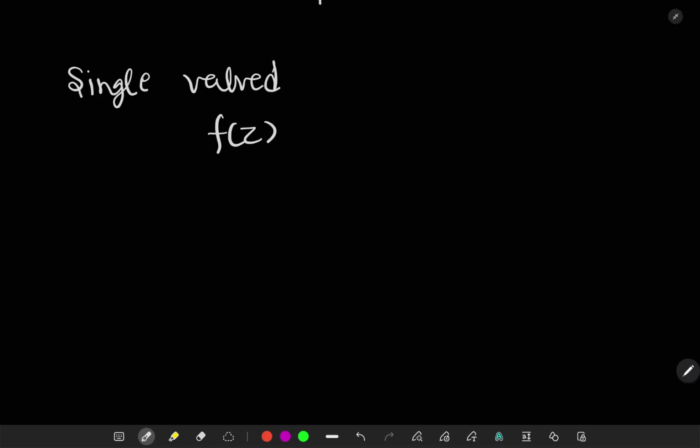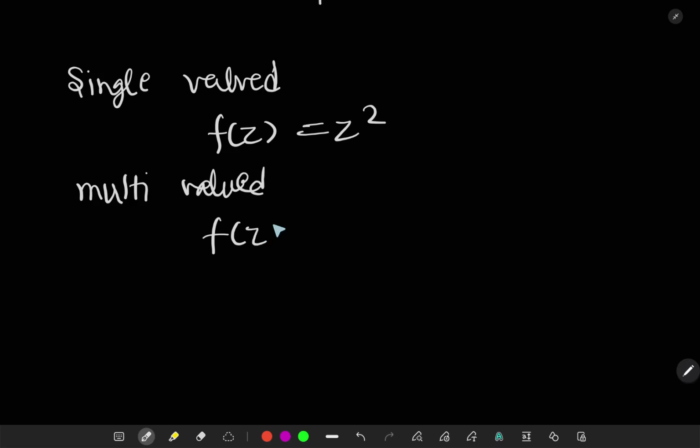For example, f of z equals z square, and another is a multi-valued function, with more than one value. Here f of z equals z raised to power 1 by 2.